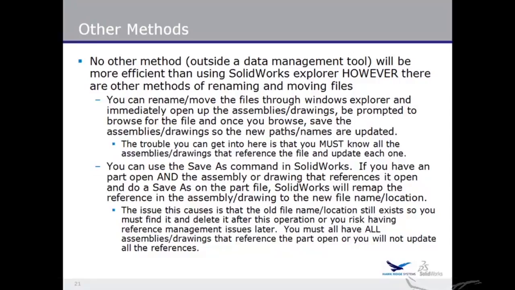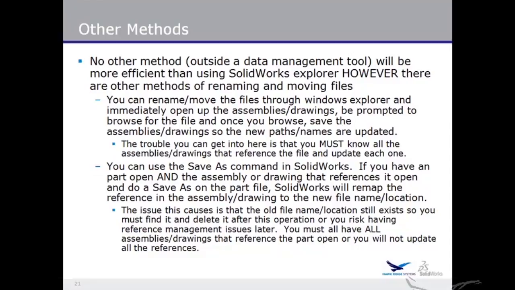If you do a file Save As on the bracket, and during this process you could either give it a new name or a new location or both, once you hit that Save As command, it will update the references of every single assembly that's open. So it'll take care of all of that for you.